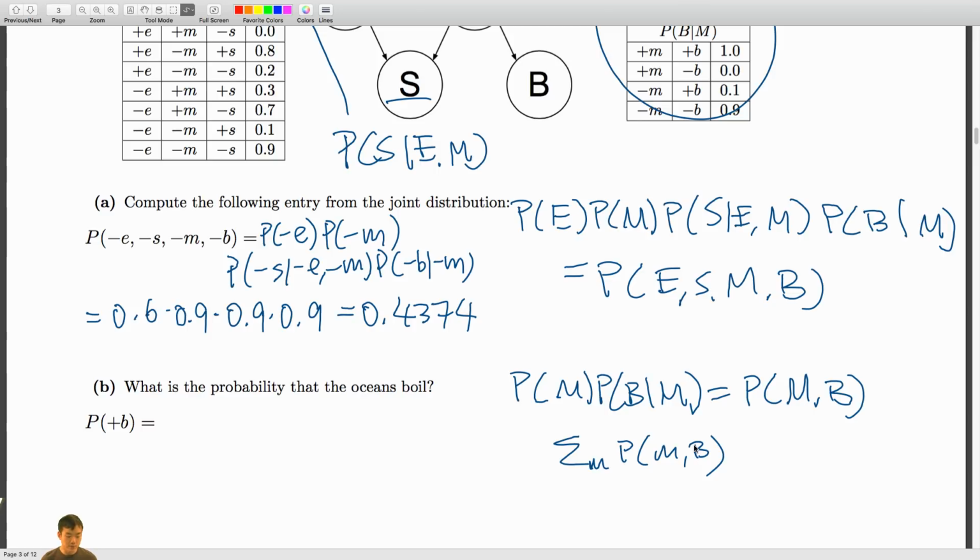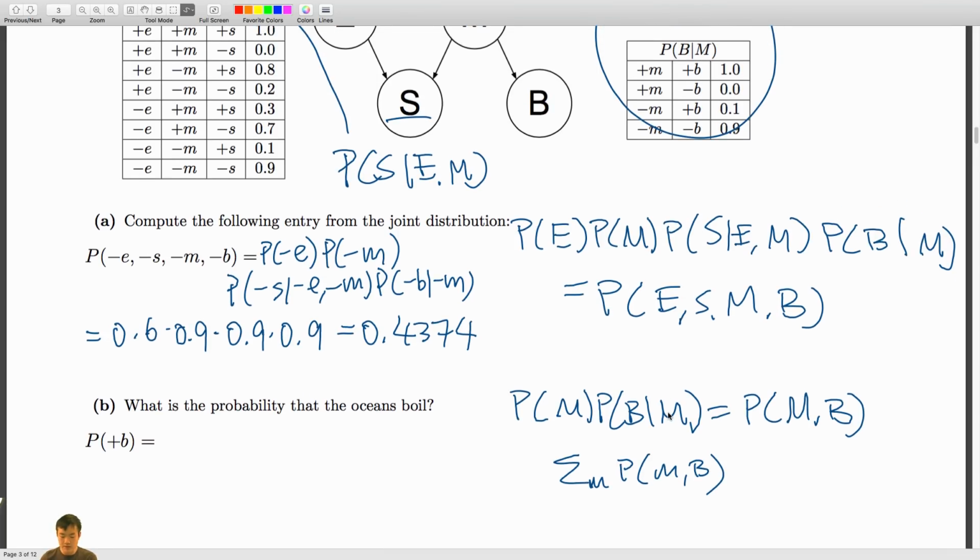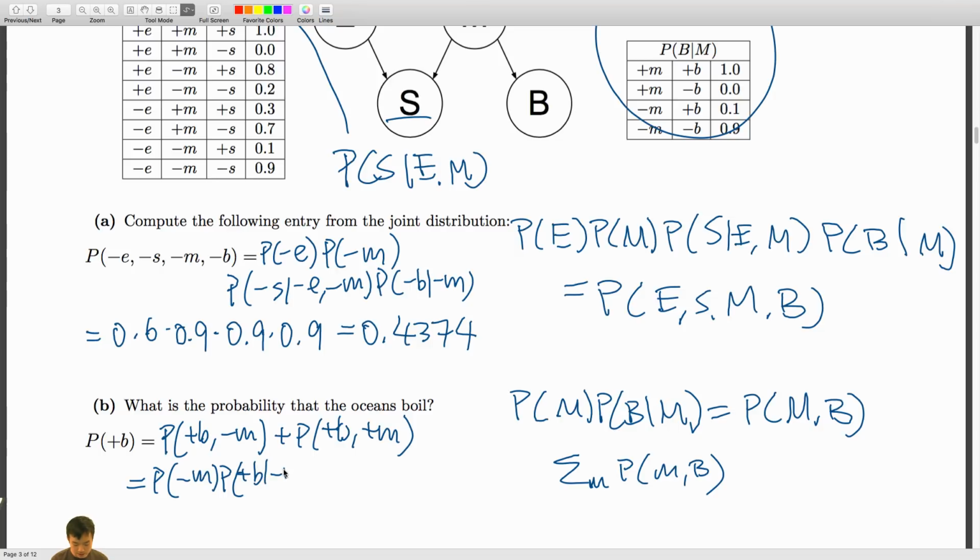Again, because we only want to compute plus B instead of the entire table, we're just going to take one row from each of these two tables and then eliminate over the possibilities of M. So the probability of plus B is going to be equal to the probability of minus M times the probability of plus B given minus M, plus the probability of plus M times the probability of plus B given plus M, by the law of total probability.